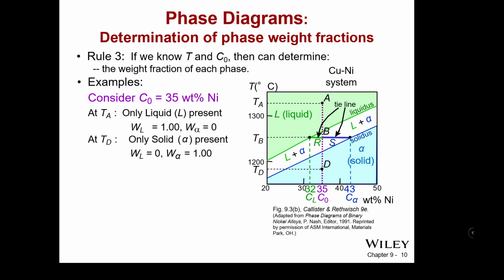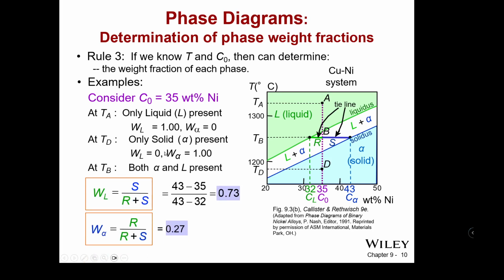So these give us some important key perspectives. The weight fraction of liquid at point A is 1, meaning 100% liquid. The weight fraction of alpha at point D is 1, but we have to calculate for point B what these are.